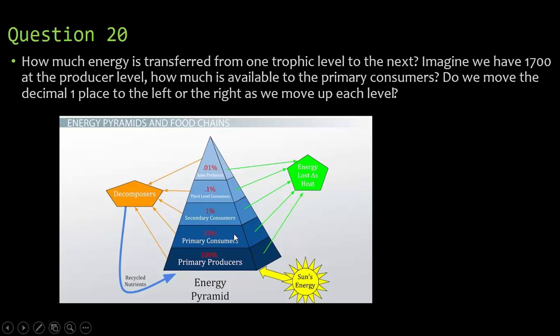When I'm going from the primary consumers to the secondary consumers, I move that decimal one place to the left, and I have 1.0. But the question says 1,700 at the producer level. They want a number. That's not a problem. We know here we have 1,700. Going up one level, we move that decimal one place to the left, and we no longer have 1,700, we have 170. So that is everything you need to know for the test.